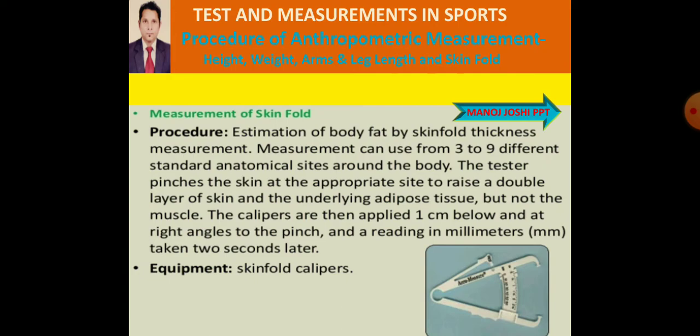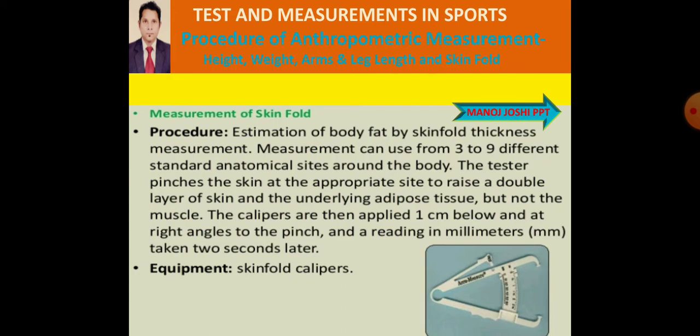The tester pinches the skin at the appropriate site to raise a double layer of skin and the underlying adipose tissues, but not the muscles, because the skin fold we are holding should be just the skin layer, not the muscle, because muscles are a little harder than the skin.